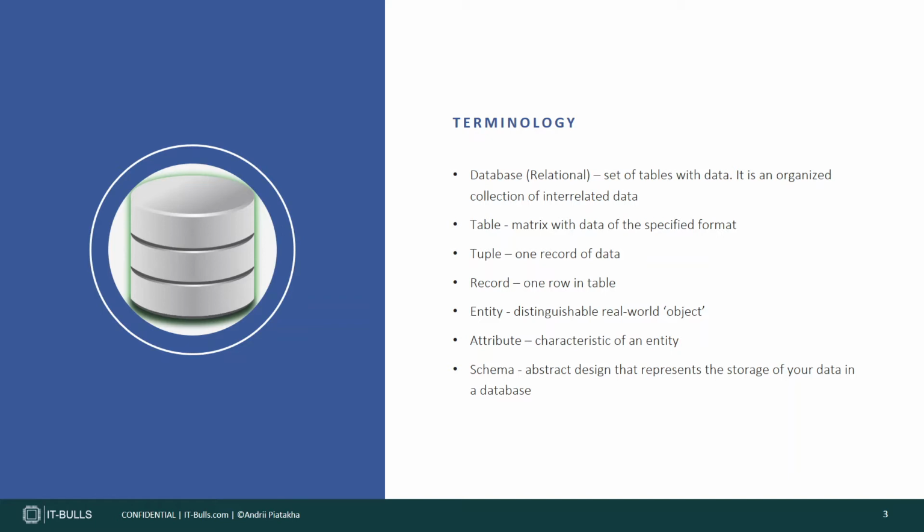Attribute. Attribute is a characteristic. In a database management system, an attribute refers to a database field. Attributes describe the characteristics or properties of an entity in a database table. An entity in a database table is defined with a fixed set of attributes.